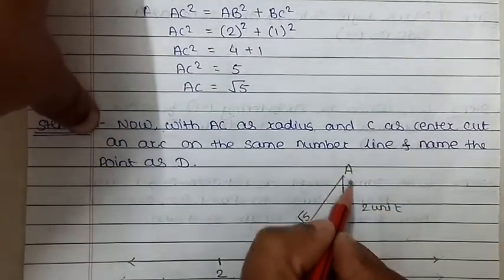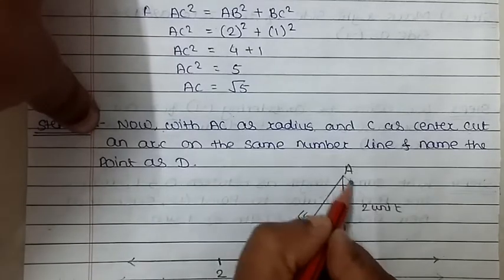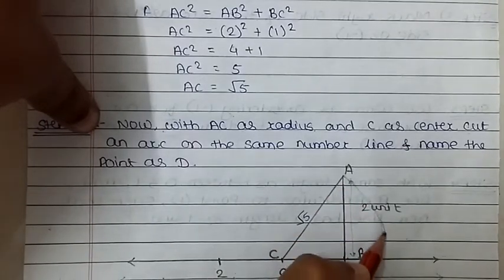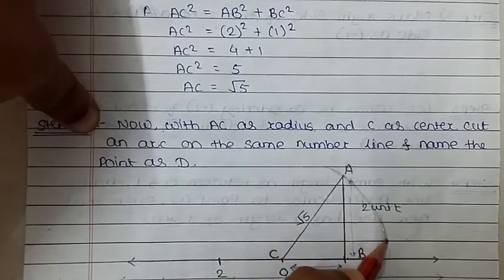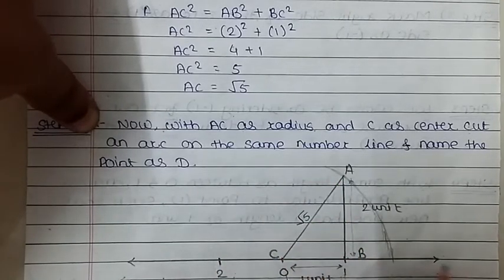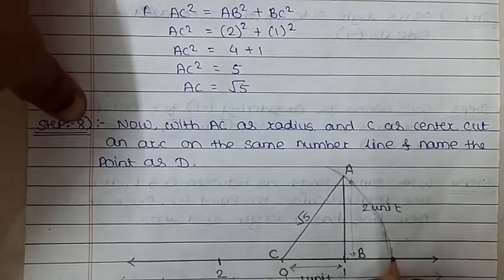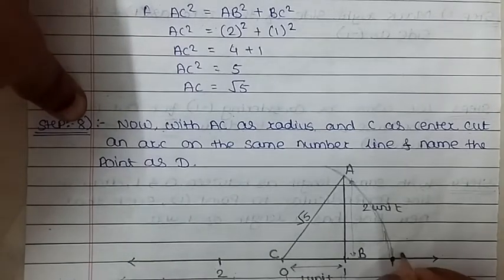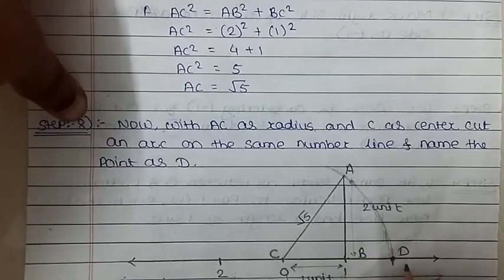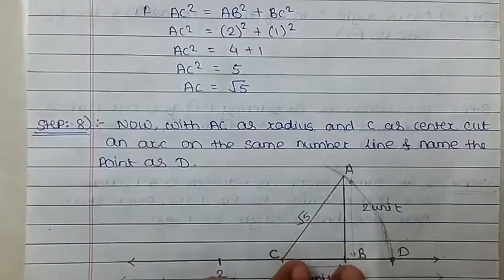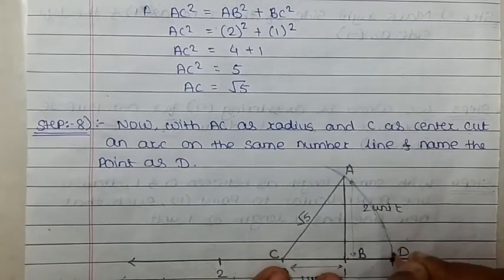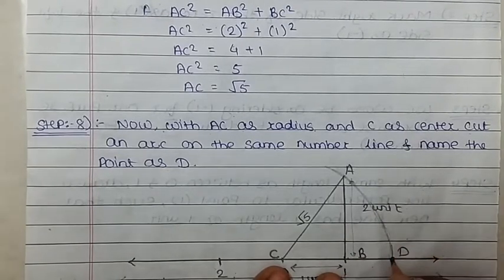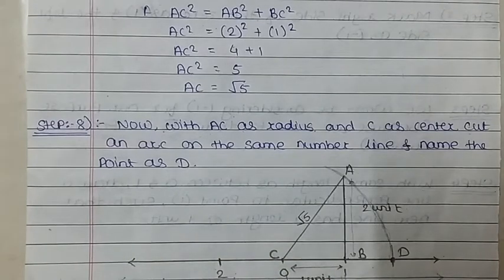So cut the number line like this. And this point is represented as D. This point name is D. So next step, understand up to this point very clearly.